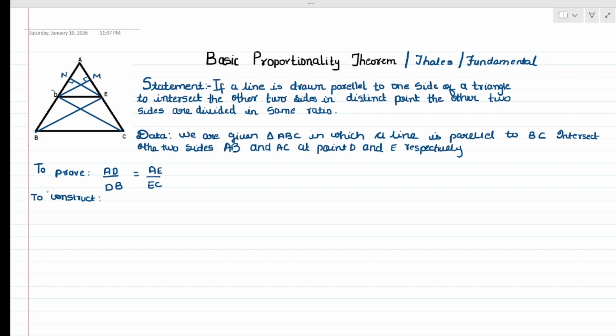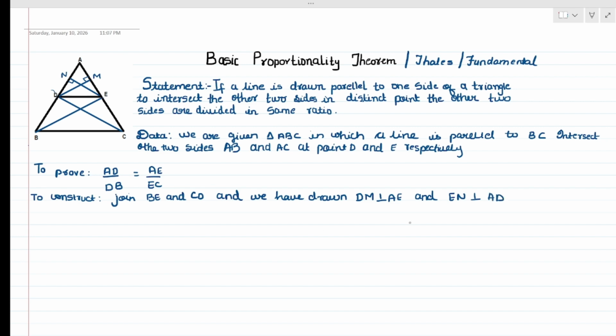Okay, so write that join. To construct you have to write join BE and CD, and we have drawn perpendiculars. So write DM is perpendicular to AE, and EN is perpendicular to AD.